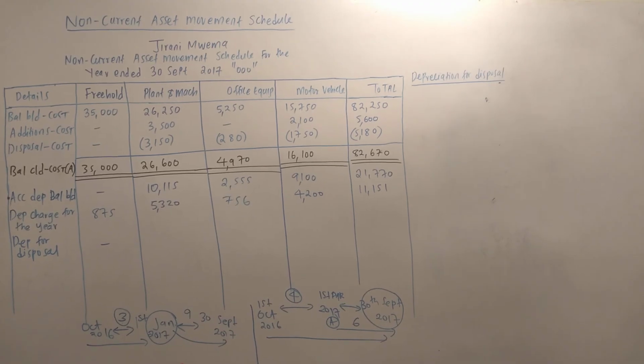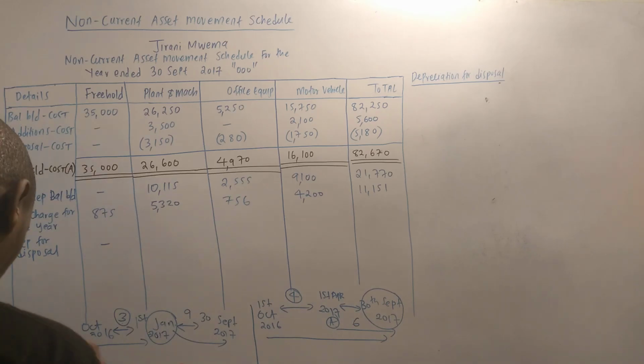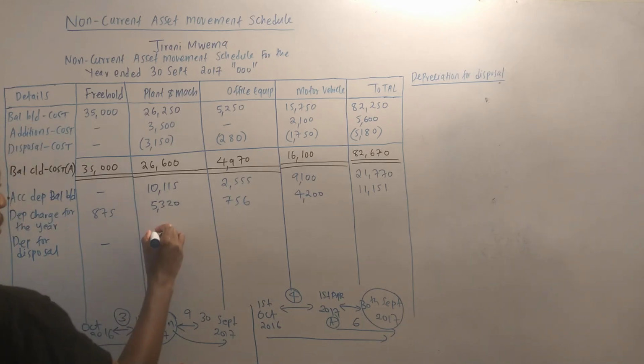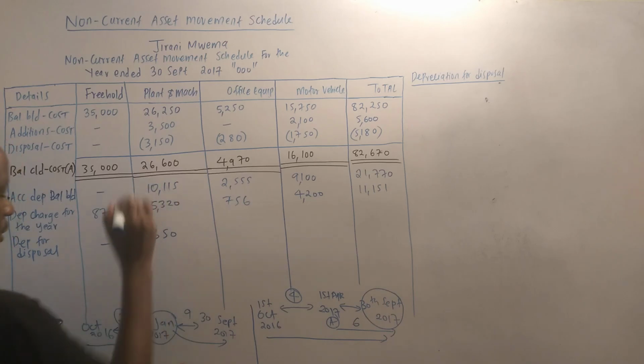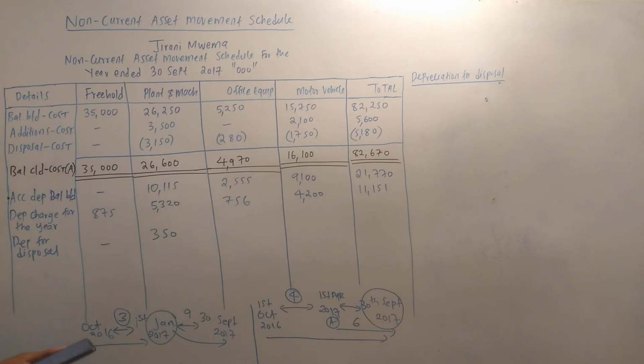So let's start with the depreciation for disposal. We have been provided with the 350, information number 2. There was no need for me to rub.